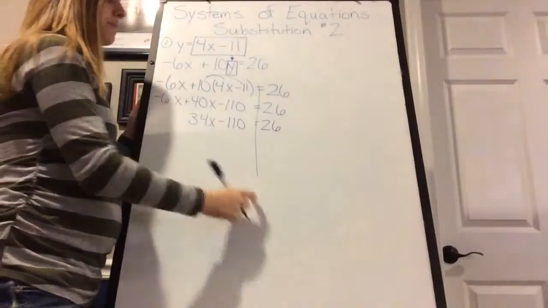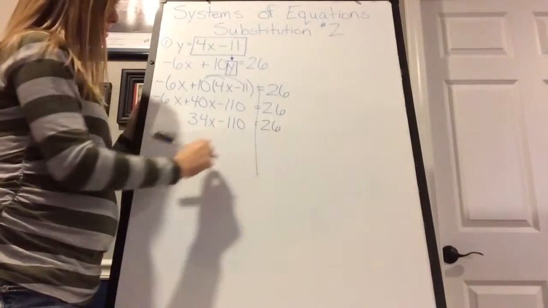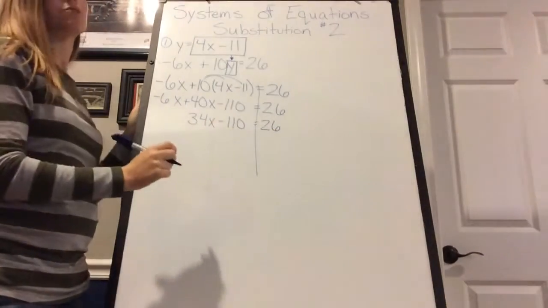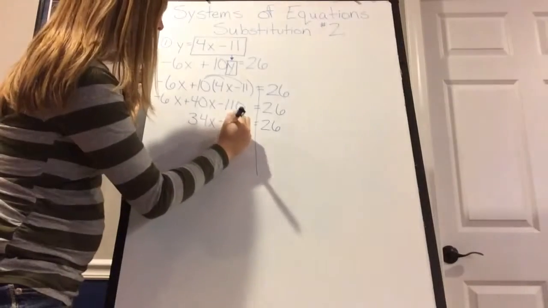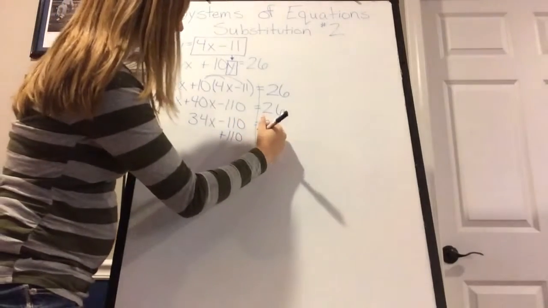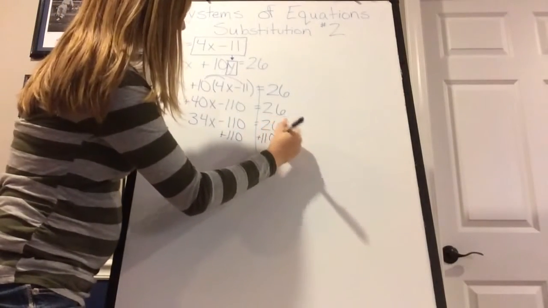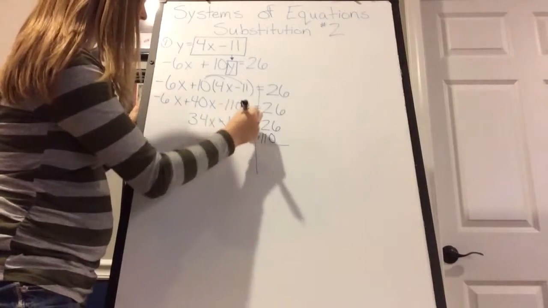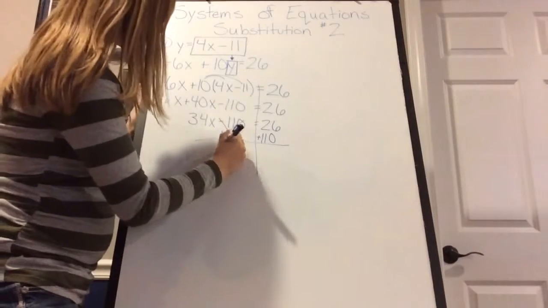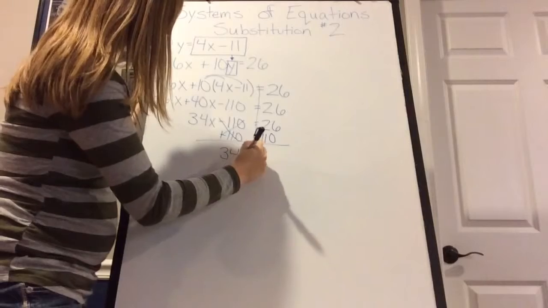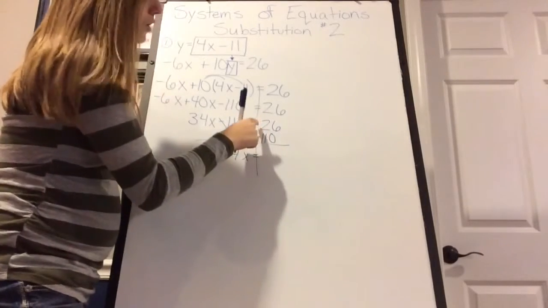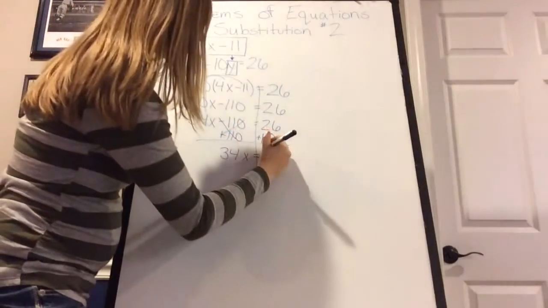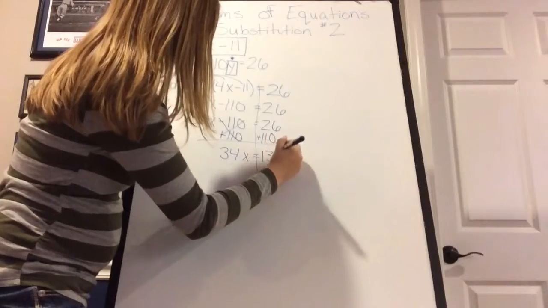Now I need to get my numbers on the right-hand side of the equal sign. So cancel out the minus 110. So I'm going to add 110 to both sides. They cancel. I get 34x equals 26 plus 110 is 136.